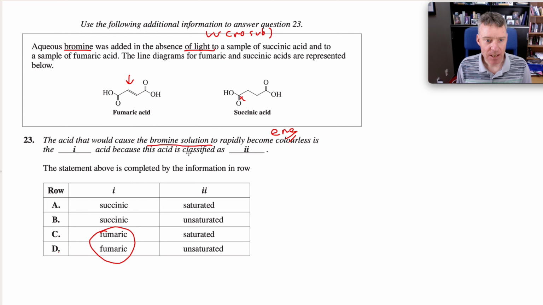We did that because the acid is classified as, well, if it's an ene, it is unsaturated. If it was saturated, it'd be an ane and would not react. So the correct answer is D. Very common question, the bromine test. Definitely something you want to know, and it's reviewed in the previous video going through the outcomes of this course.